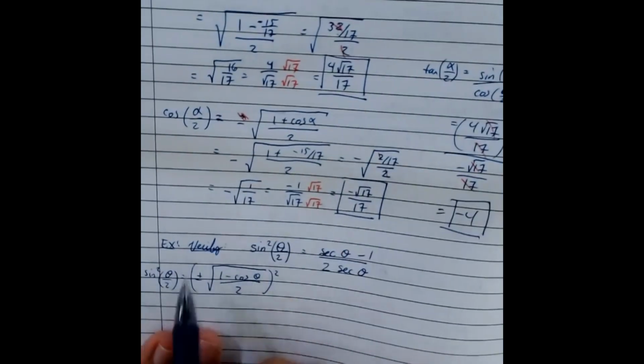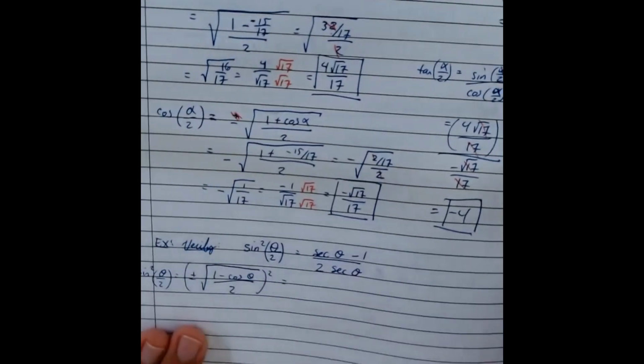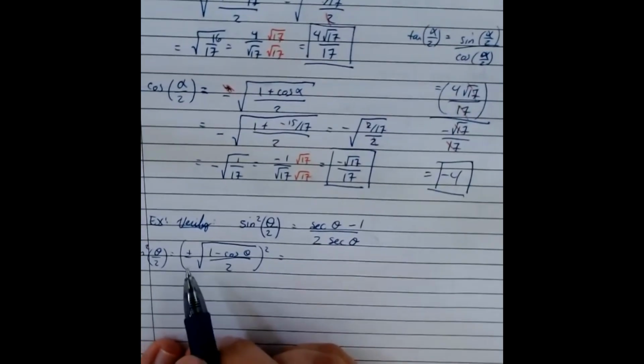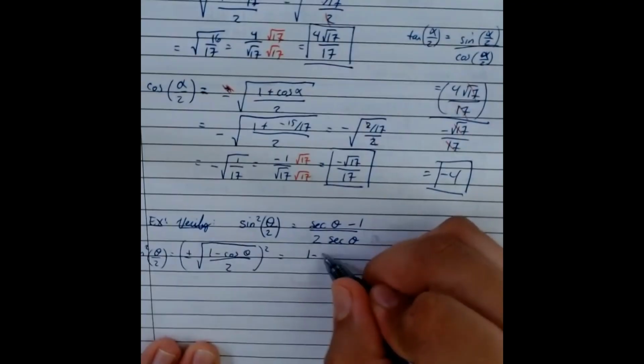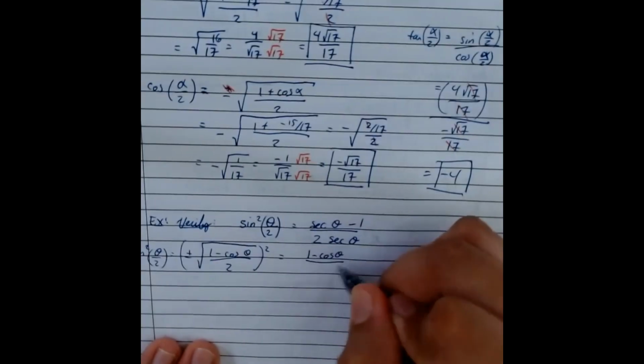That's equal to this thing squared. Because after all, that is another way of writing sine of theta over 2. But now when I square this, it doesn't matter if it's plus or minus. When I square things, they all end up positive. So I don't have to worry about a plus or minus anymore. It's all positive. Taking the square of the square root will leave me just what's inside, 1 minus the cosine of the angle theta over 2.